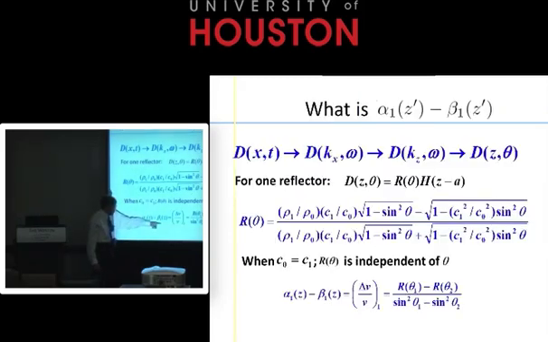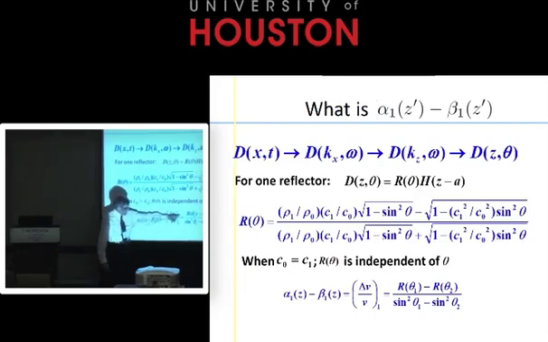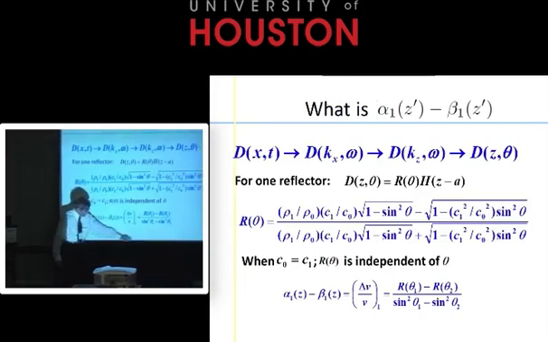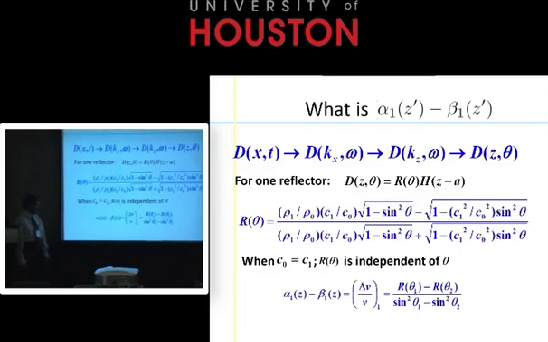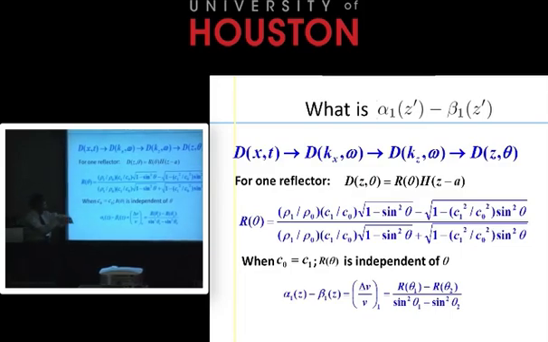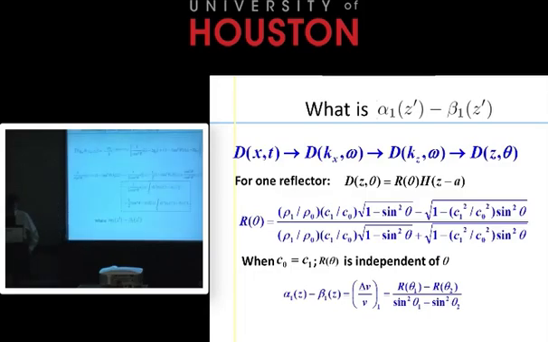Alpha 1 minus beta 1 is R of theta 1 minus R of theta 2 over this. So, if you're at a reflection where the density changes but not the velocity, R is independent of theta. Clear? R is independent of theta. The numerator here is 0. The numerator is 0. The integrand is 0.